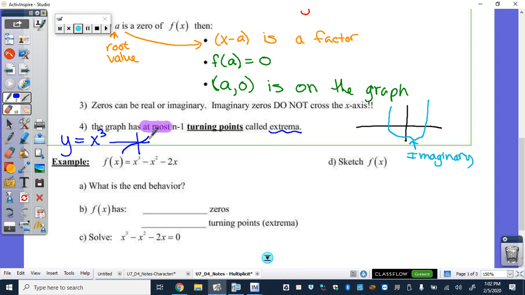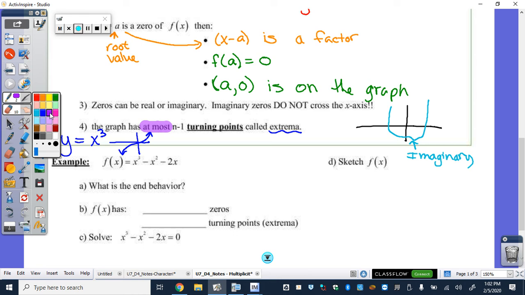That graph looks like that. Does that have any relative maxes or mins at all? No. So that doesn't mean it's absolutely going to have that many, but it could. So this one being a third degree, it could have 2 max or mins somewhere in there. This one actually ended up not having any. It's just saying at most. So it could have at most 2.